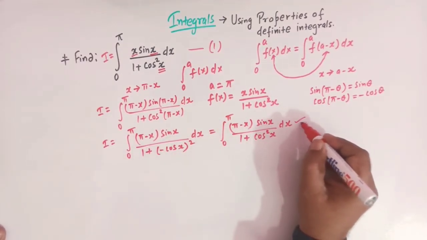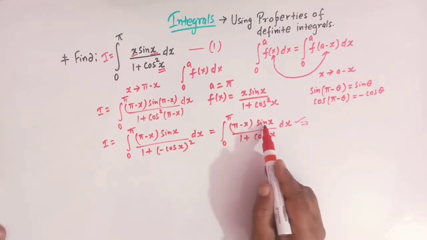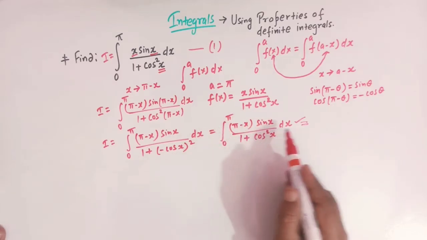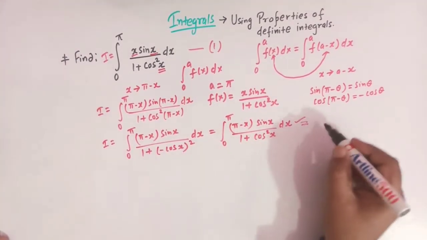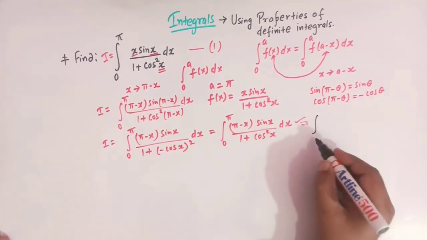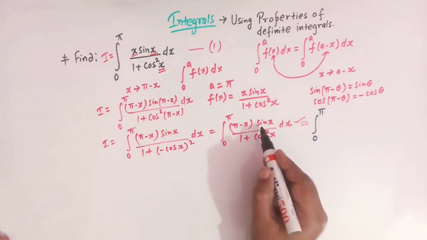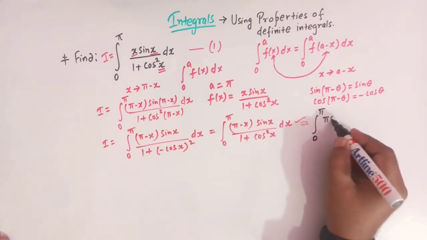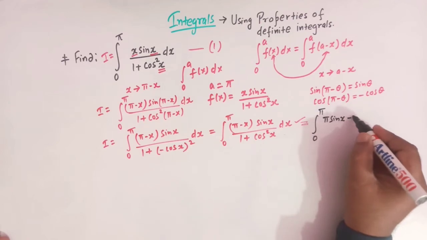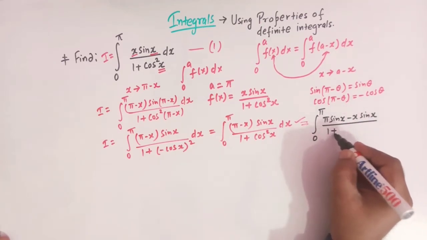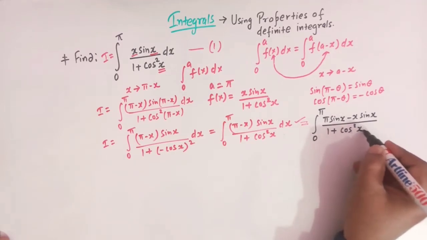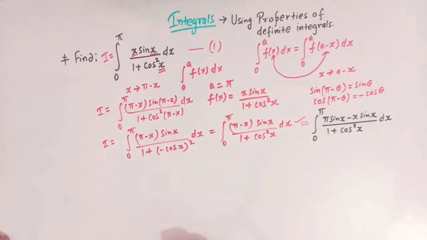So now we'll break this integral into a sum of two integrals. We can write this integral from 0 to pi: first we have pi sine x, then minus x sine x, divided by 1 plus cos square x, and here we have dx.